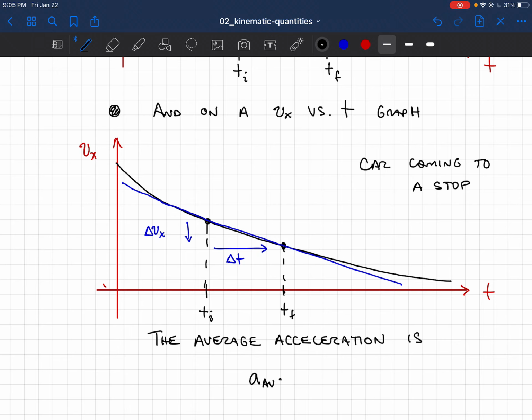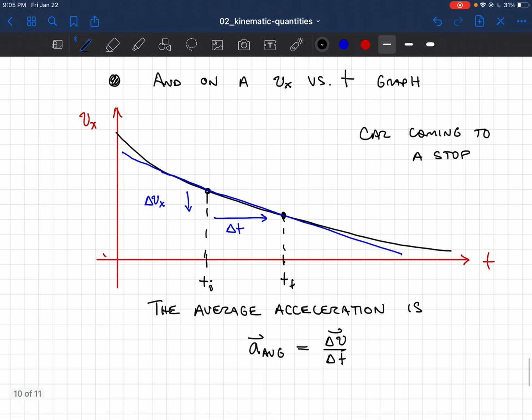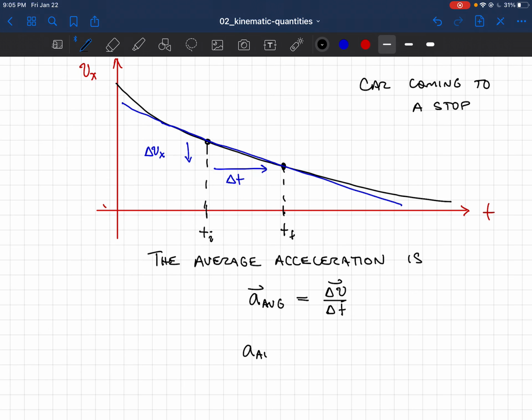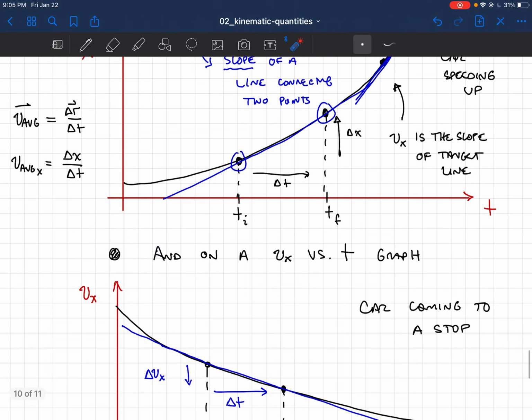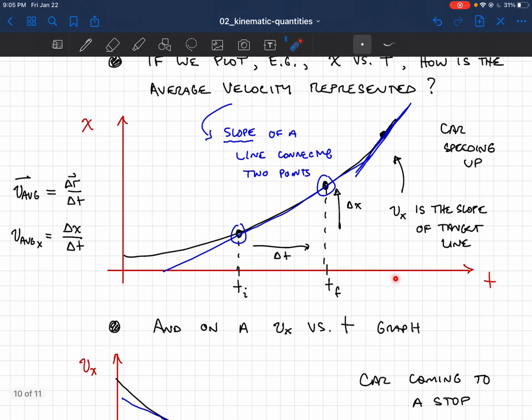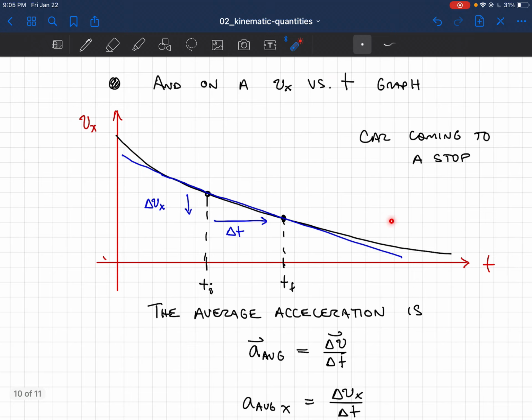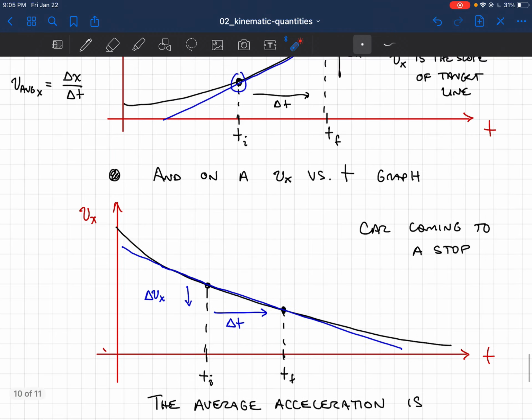Well, that's exactly what we mean by the average acceleration, because average acceleration is delta v over delta t, and average acceleration in the x direction is delta Vx over delta t. So the slope of a velocity versus time graph is the acceleration. So that's the connection between these graphs. You draw position versus time, look at the slope and get the velocity, draw velocity versus time and look at the slope and get acceleration.